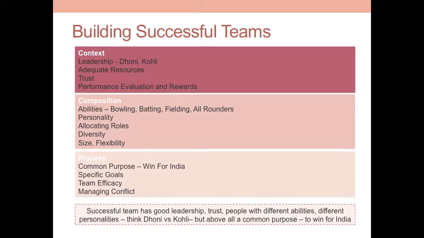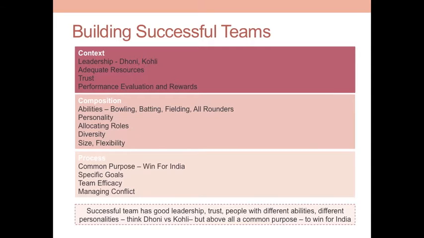There are also people with different personalities. So while Dhoni is Captain Cool, staying very cool under pressure, Kohli is a little more emotional. But again, remember, both always play with the common purpose of winning for India. And so, as a team player, what you always need to do is ensure that the team as a whole wins.